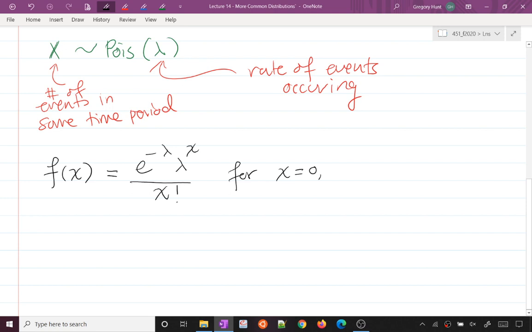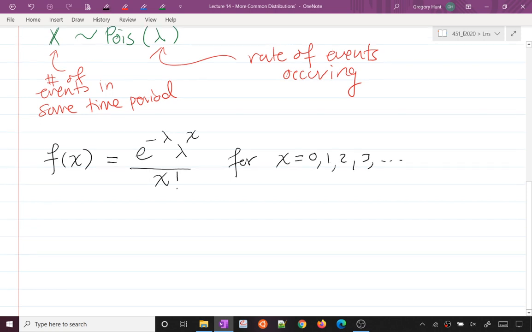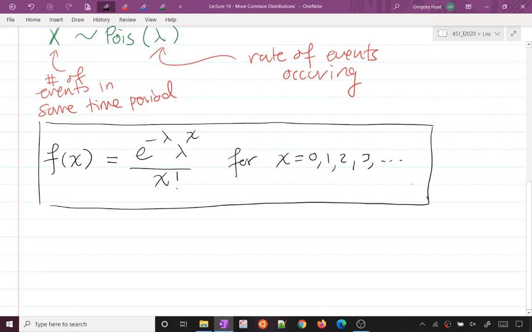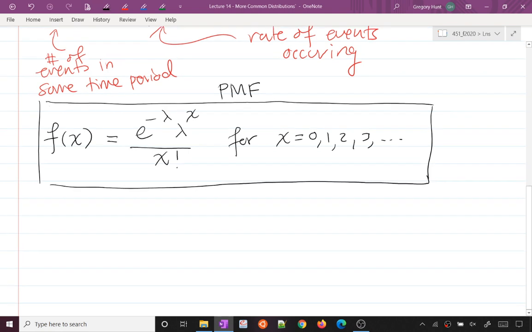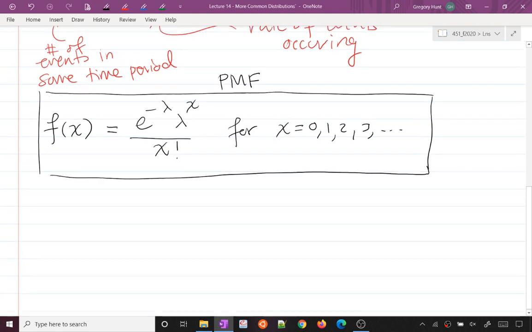So this is true for x is 0, 1, 2, 3, and so forth. So this is my PMF, right? It's a mass function because it's a discrete random variable. And that's the form of the PMF for a Poisson distribution.